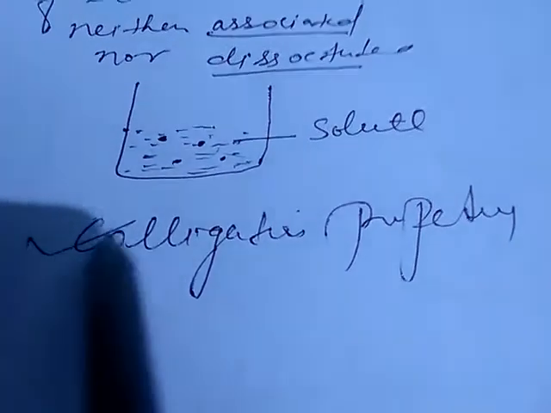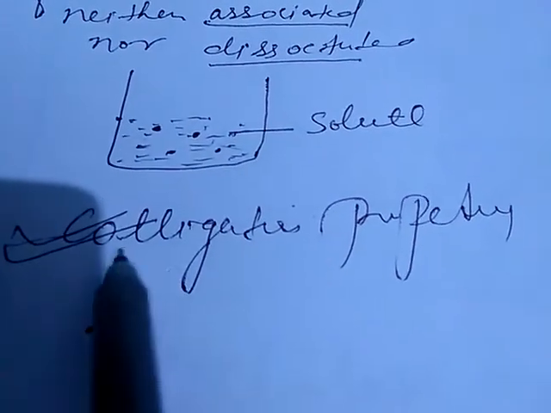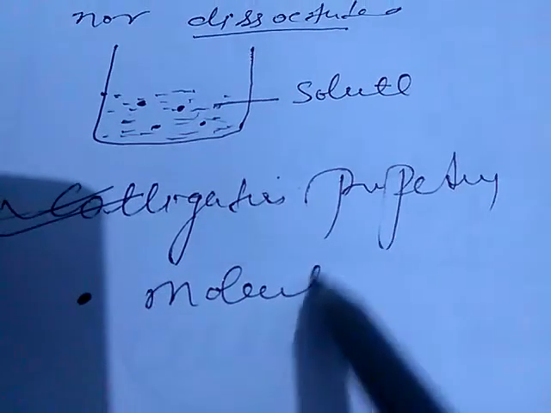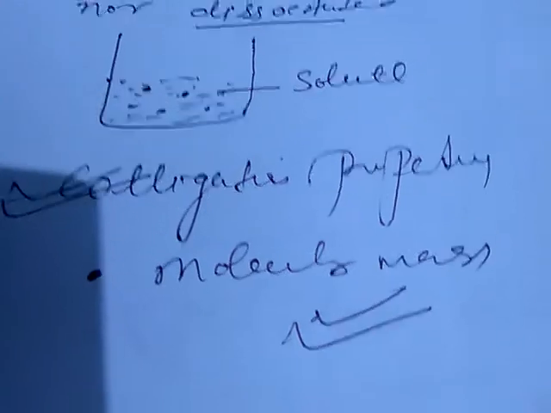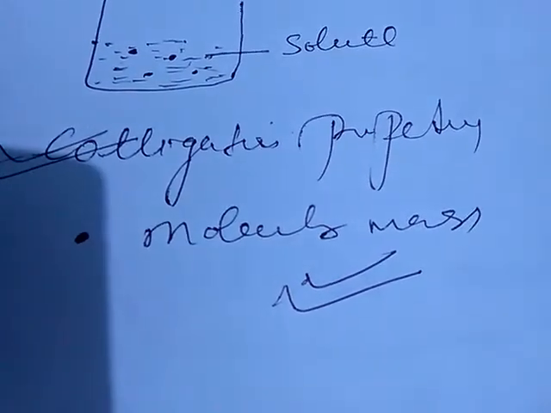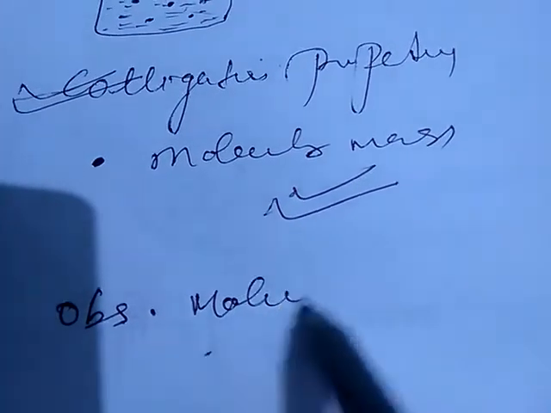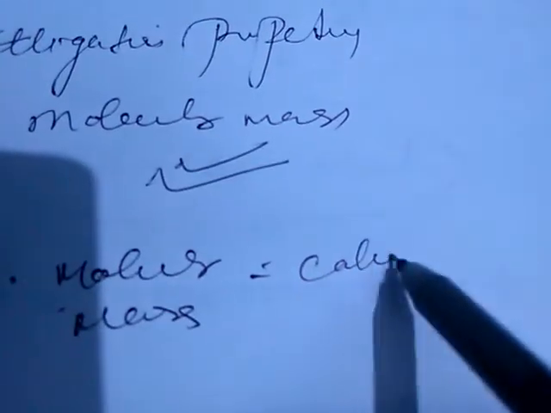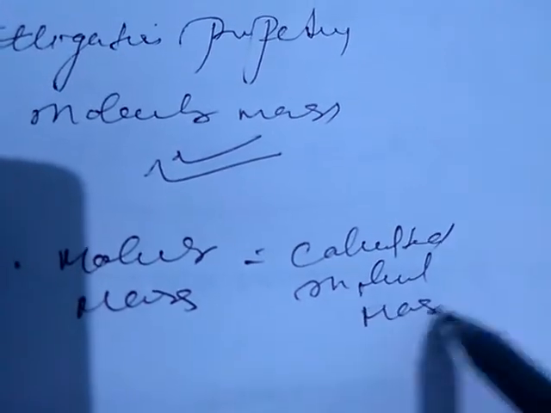There would not be any abnormality in the colligative property, and since there is no abnormality, the molecular mass which is calculated will be exact. It would be the correct molecular mass. It means the observed and calculated molecular mass would be the same. Observed molecular mass equals calculated molecular mass.